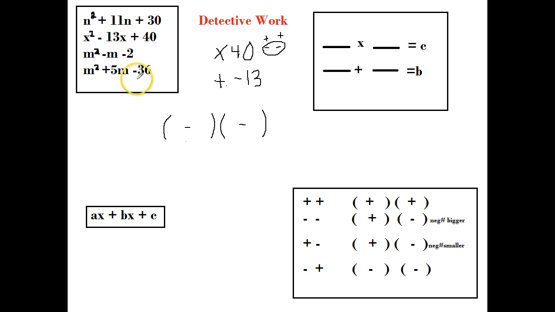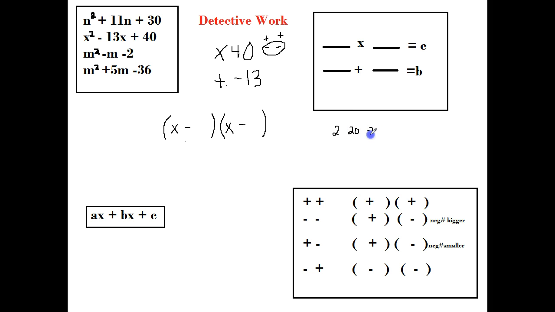Okay, so which one are we on here? We're this one. Okay, so x, we know x here and x here. We know they're both negative numbers and they multiply to 40. So let's see, things that multiply to 40. 2 times 20, and they're both negative. That would give us -22.